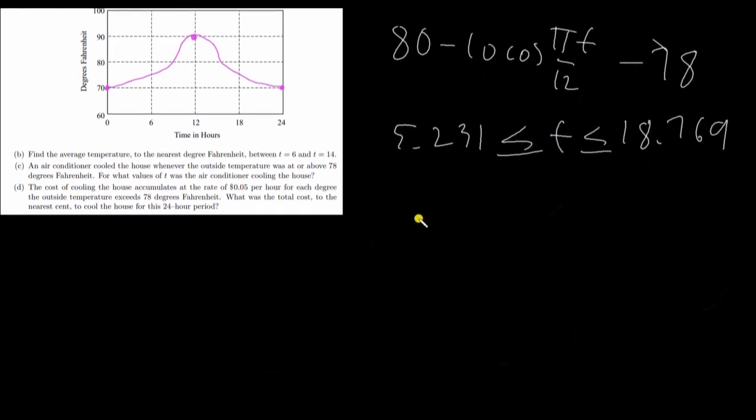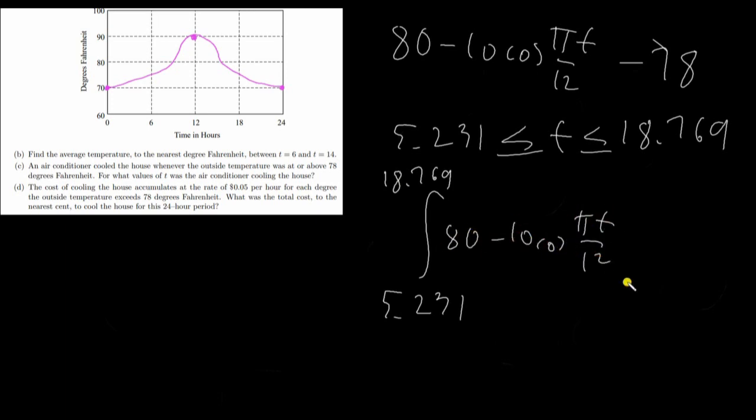So now all I have to do is set up an integral from 5.231 to 18.769 of 80 minus 10 cosine pi t over 12 minus 78 dt.